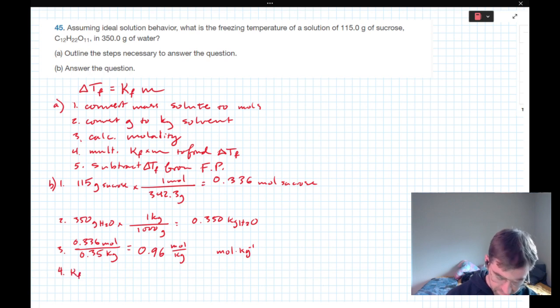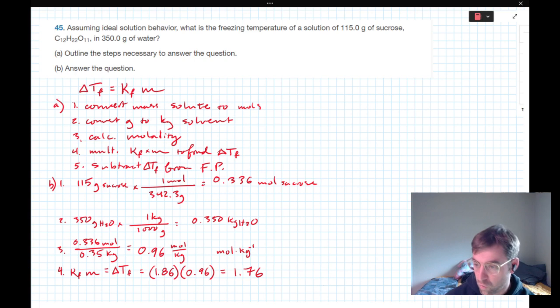Finally, the freezing constant times the molality equals our change in the freezing temp. And the tabulated value of Kf for the solvent, which is water in this case, is 1.86 times our molality, which is 0.96, gives us a change of 1.79 degrees Celsius.